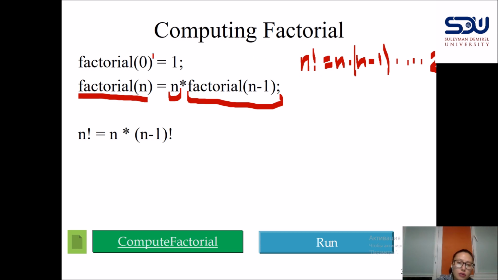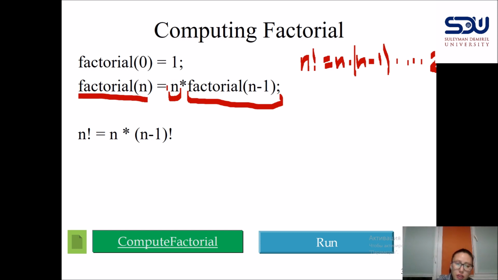Now, how do we find the factorial using functions? Using functions, we multiply the argument n by the same function, but for one number less than our argument.